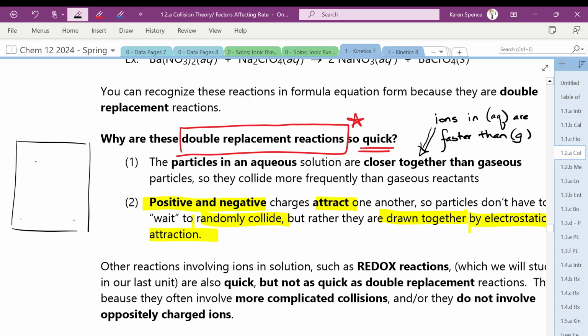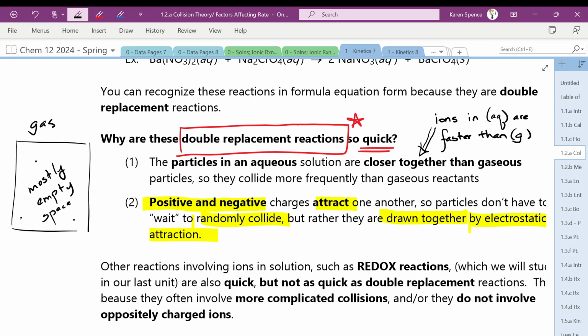Because gas is mostly empty space. Okay, there's a few little particles here and there. I'll make them a little bit bigger so you can see them a little bit better. But really, it's mostly empty space. If I was to draw my gas on the board, I might be like, oh, there's a particle down here. There's another one over here. And then there's one over here. But all the rest of it's really empty space.